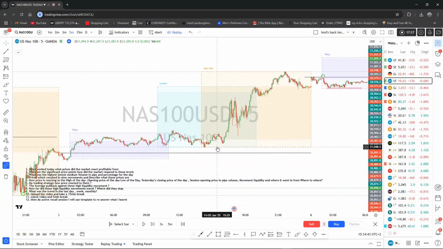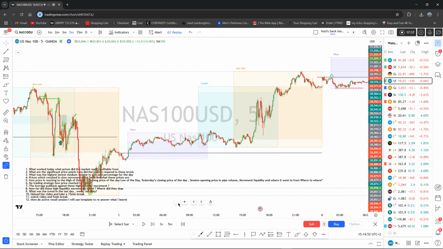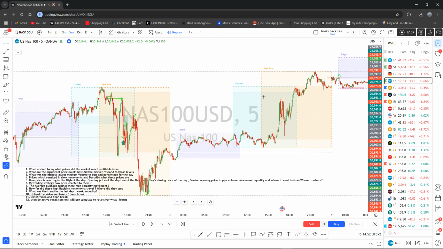We see that when price was moving bullishly, where did it stop? It stopped at yesterday's opening session price. Stopped there and traveled 160 pips.